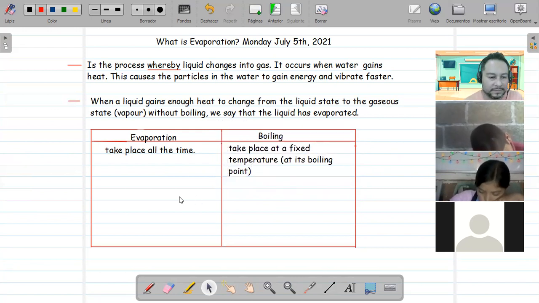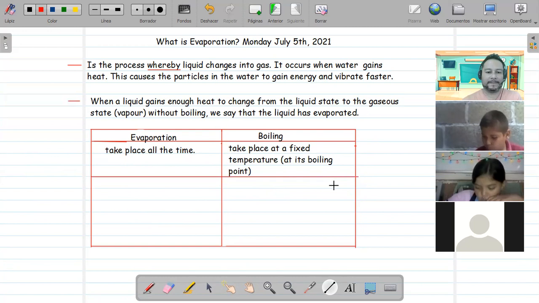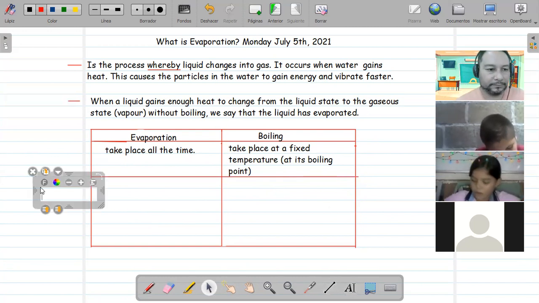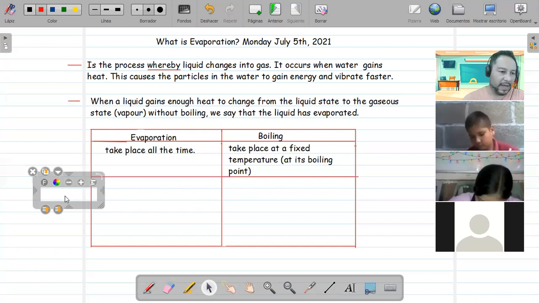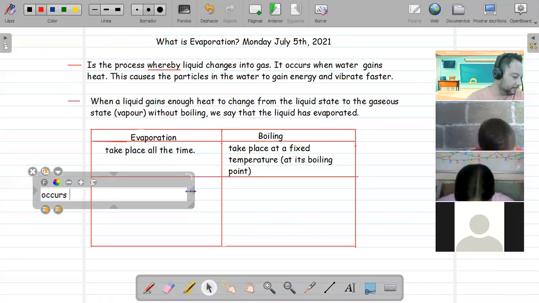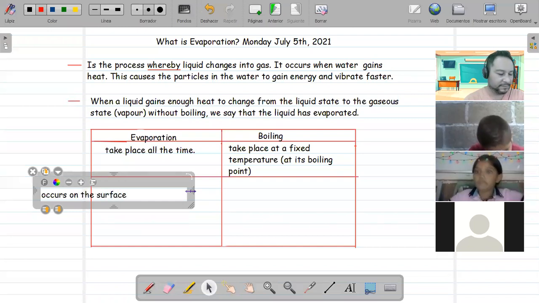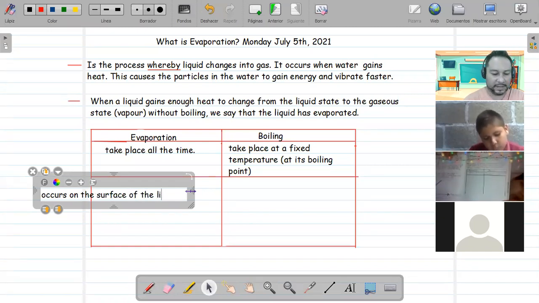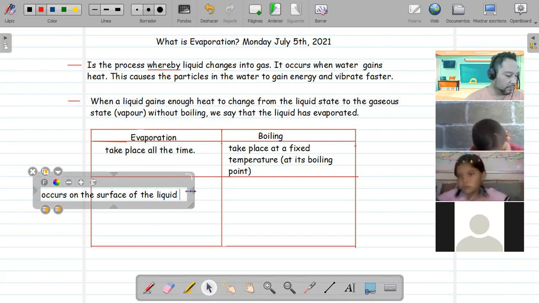Okay, then we are going to trace a line. Remember to have your notebook in order, right? Evaporation occurs on the surface of the liquid, liquid only.